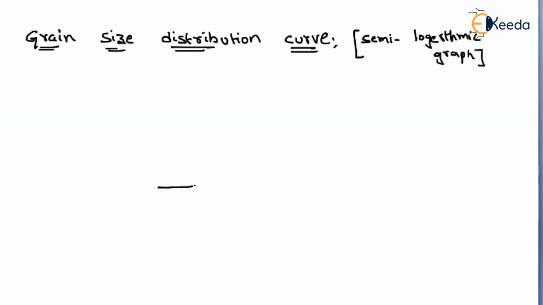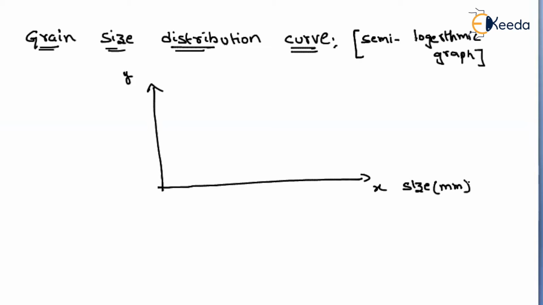Let us consider the x-axis and y-axis. On the x-axis we are considering the size of the particle, in mm, and you have to consider the log values. Suppose you have a size of 10 mm, represent the log of 10. On the y-axis we are considering the percentage finer.